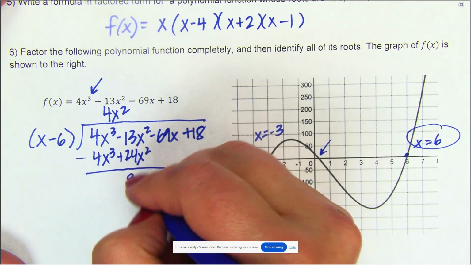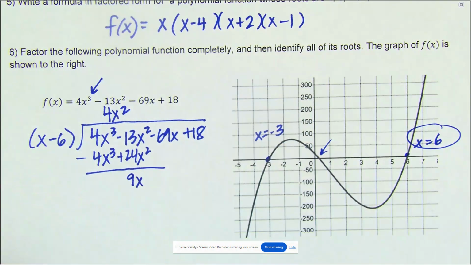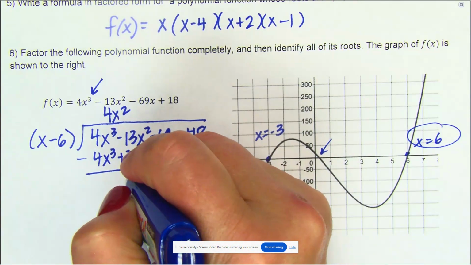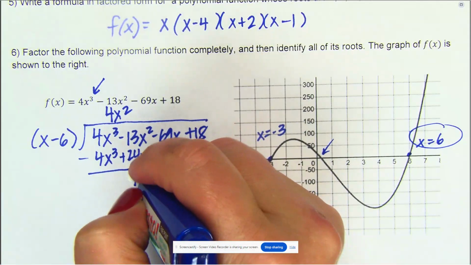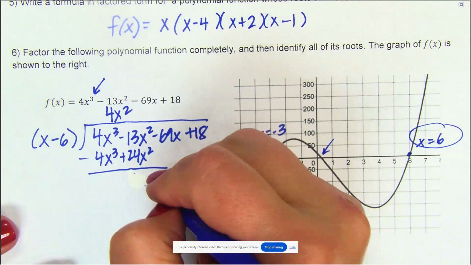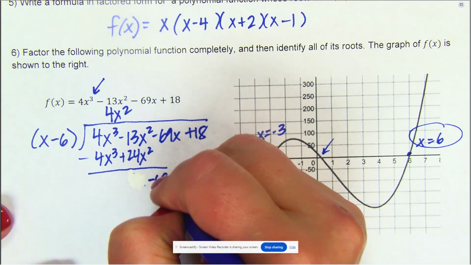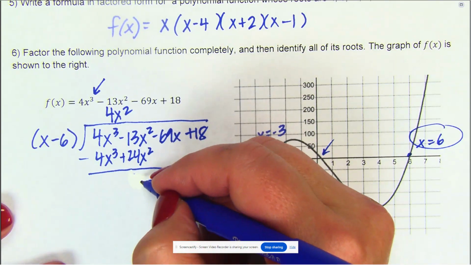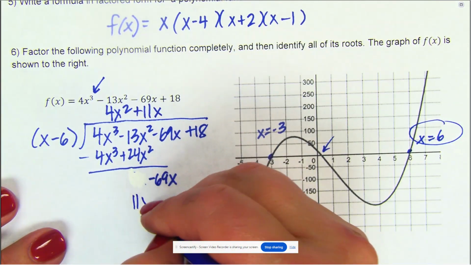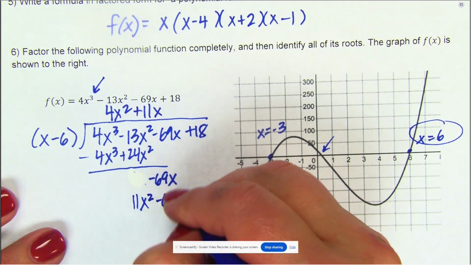Subtracting, which changes the signs. Oops, that's 11. Oops. I'm going to have to let that dry for a minute. So that's going to be 11. So I know this is plus 11x. So that's 11x squared minus 66x.